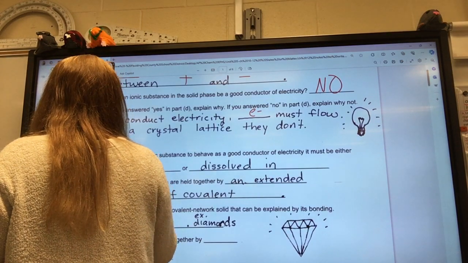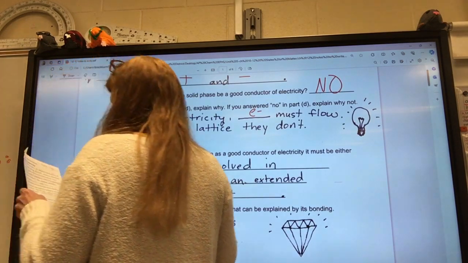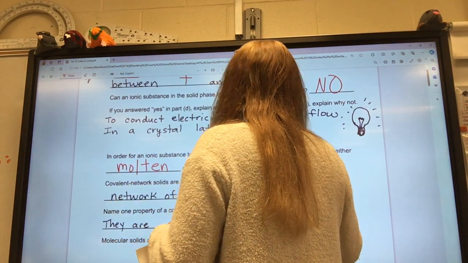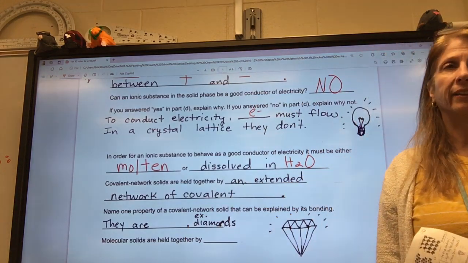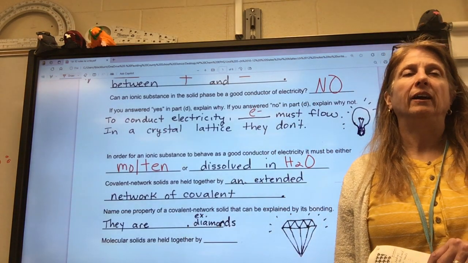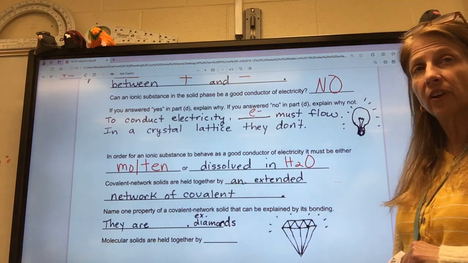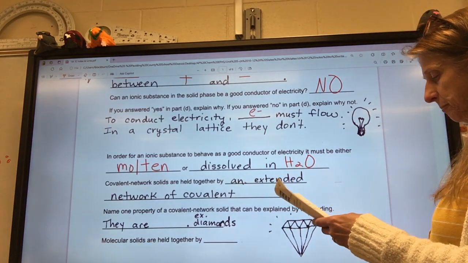So can you melt salt? Yeah, if you get it hot enough. You're not going to get anything hot enough at your house. It'd be in a lab, in an industrial complex, someplace like that. Or you can dissolve it in water, and then it conducts great, okay?